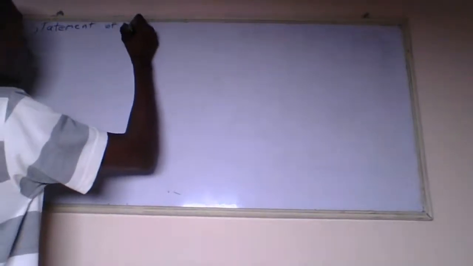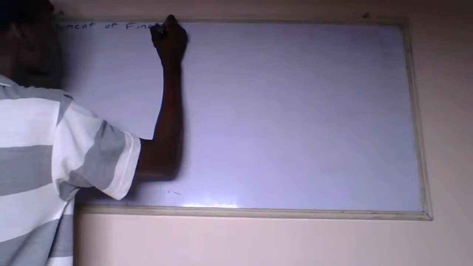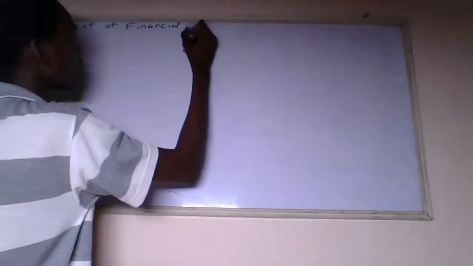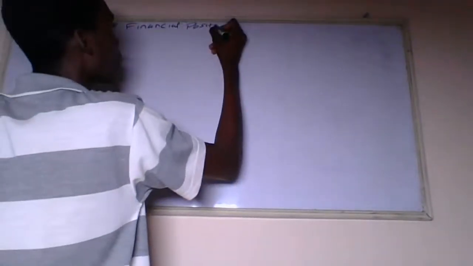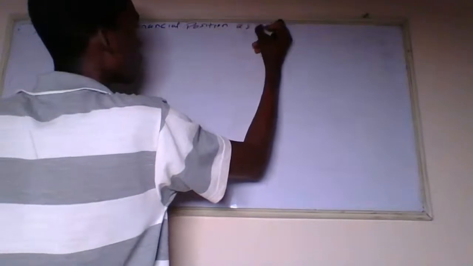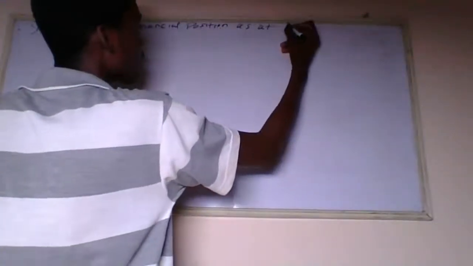So when we're preparing our statement of financial position, just as we did just now, you have to make sure to write the topic of what you're doing. Statement of financial position.